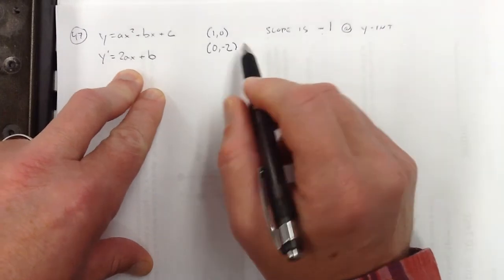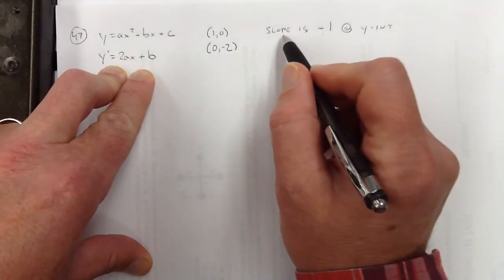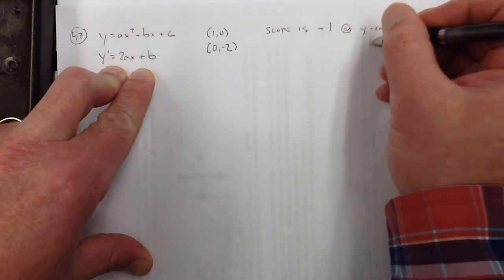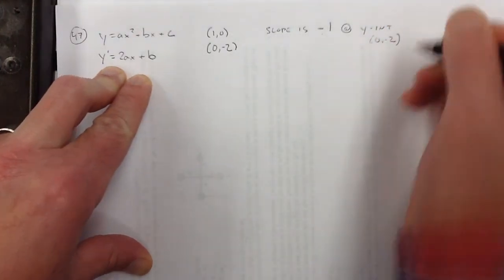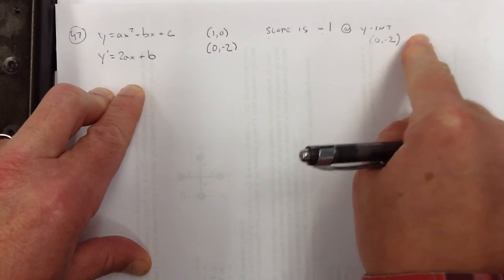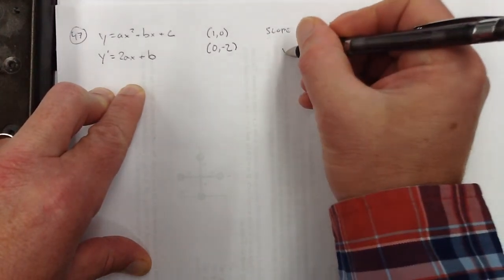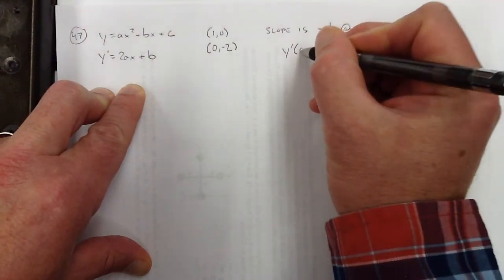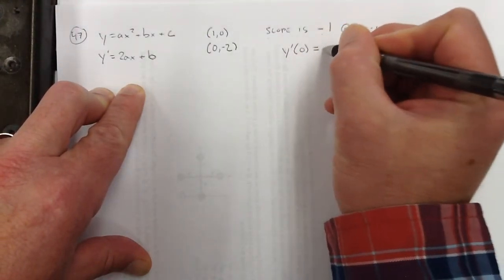So, if the slope is -1 at the y-intercept, the y-intercept is 0, -2. So this is the same as saying that y prime at 0 is -2.